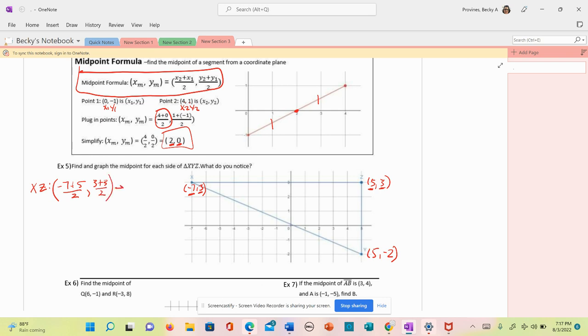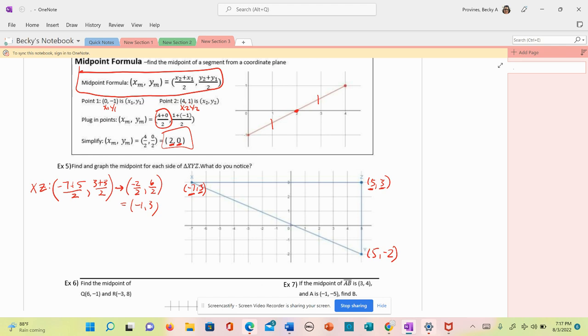Okay, so let's see what this gives us. -7 and 5 is -2 over 2. And 3 plus 3 is 6. All right, one more time. Let's simplify this. -1, 3.